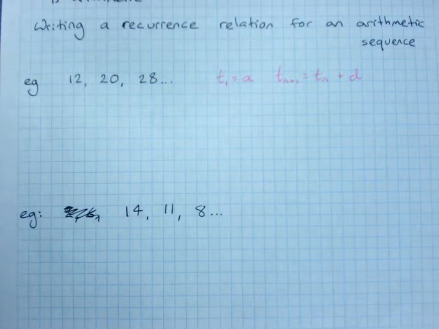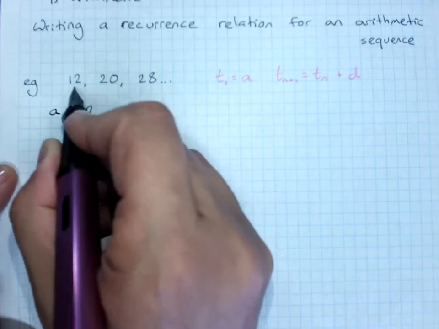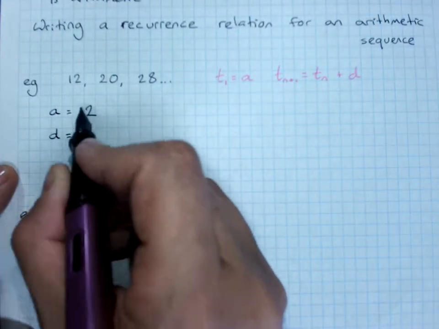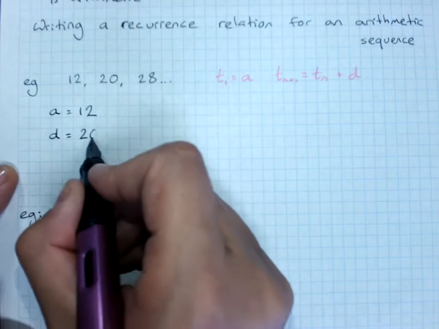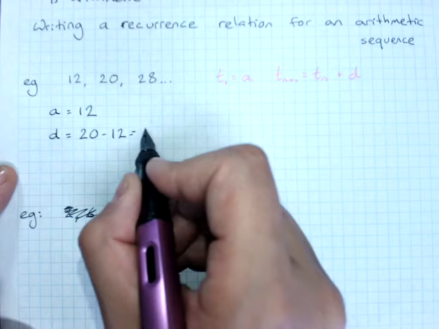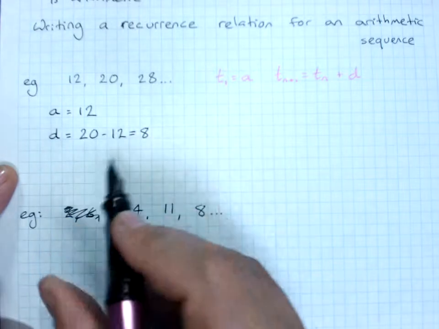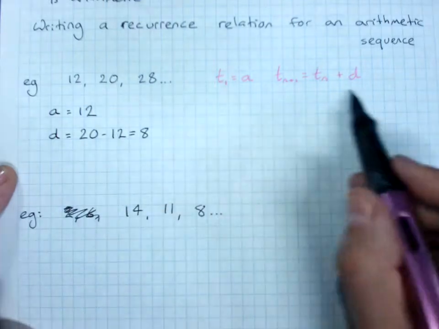So you identify A, the first term, it's 12, D, showing working, 20 minus 12 is 8, then substitute those into the rule.